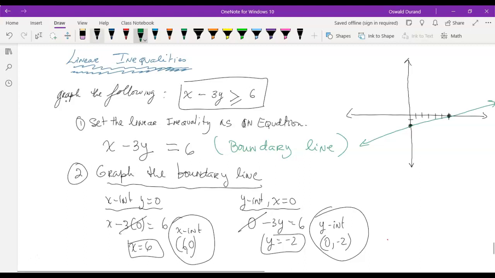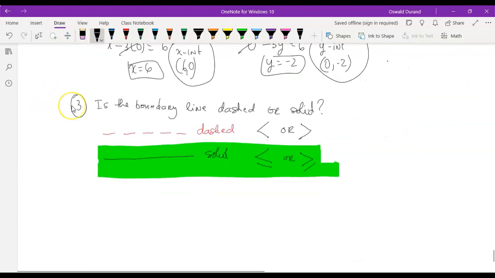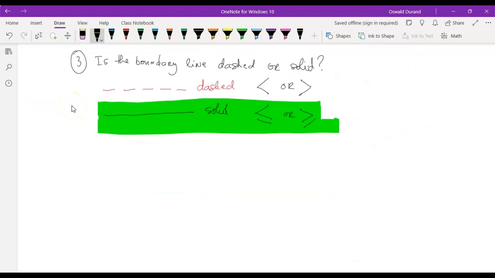Now, I need to find the region. We call the region the area in the graph that satisfies the inequality.